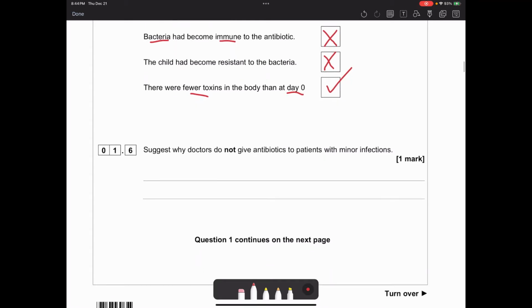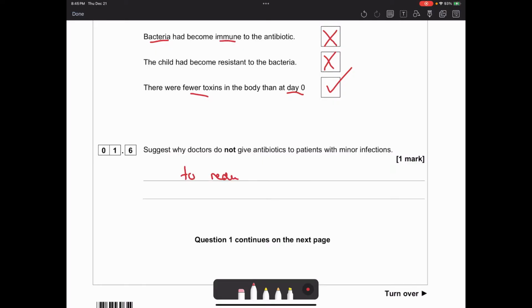Suggest why doctors do not give antibiotics to patients with minor infections. Well, what do we not want to happen? If you're giving loads of antibiotics out to loads of patients, that would increase the chance that bacteria could become resistant to it.